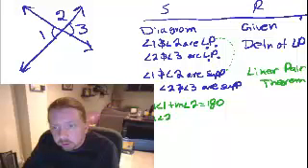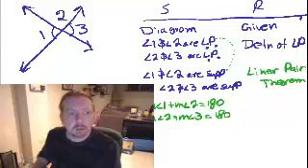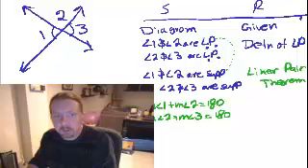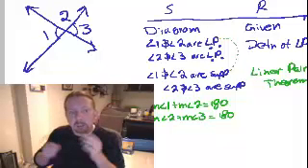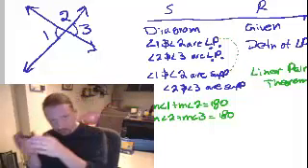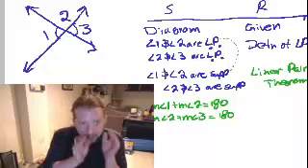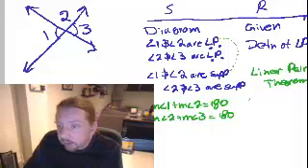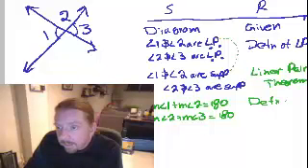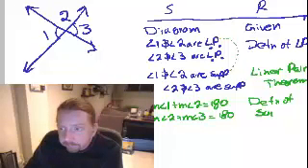Angle 2 plus angle 3 equals 180. Now, I just said these angles were supplementary. So think about what rules lead me to the idea that if they are supplementary, then they add to 180. What leaps to mind is the definition of supplementary, right?